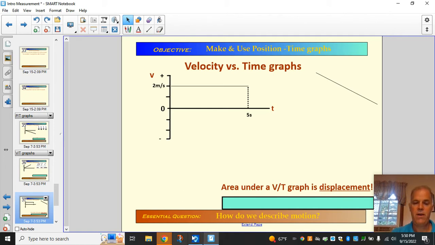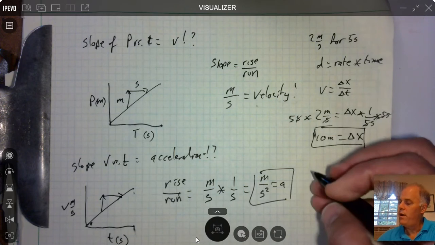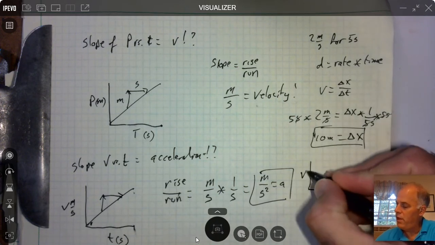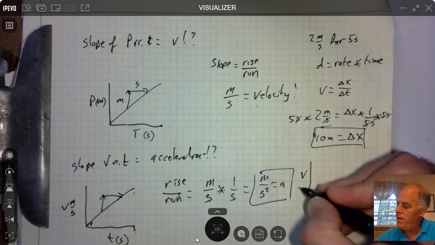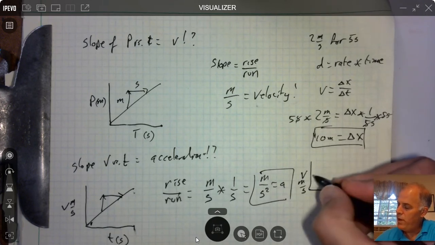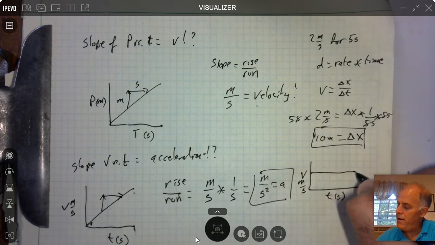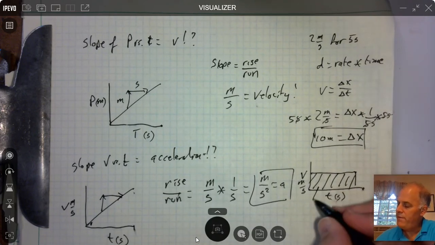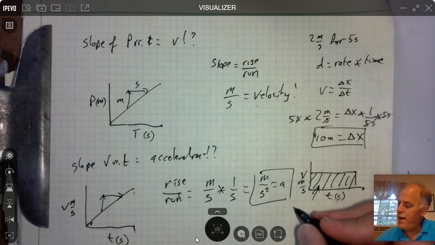Let me show you that on the clipboard here. Okay, so we have our velocity versus time. This is meters per second. This is seconds. And we have some area underneath it here, right? Now this area is the base times the height.